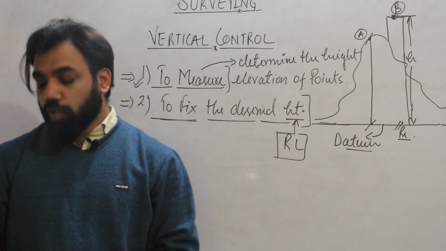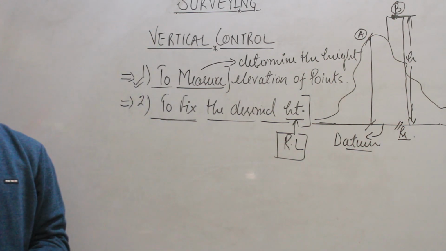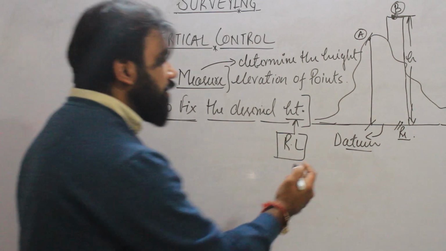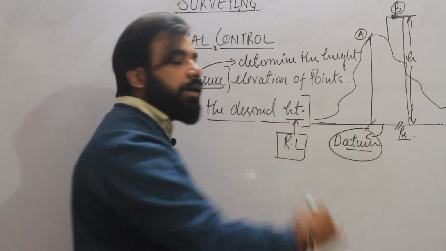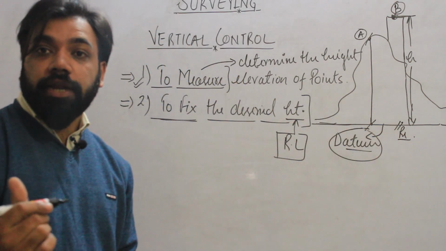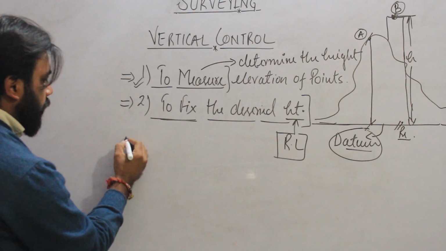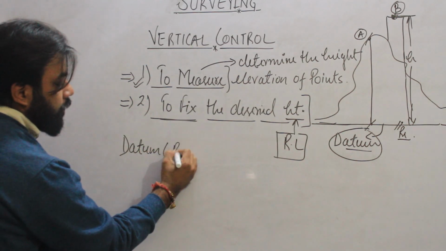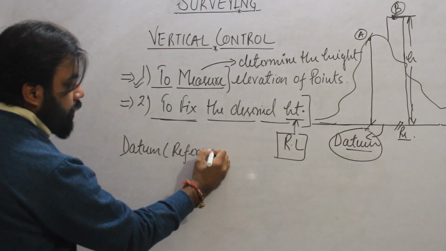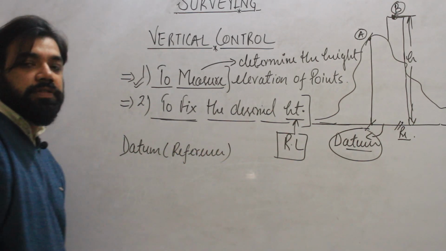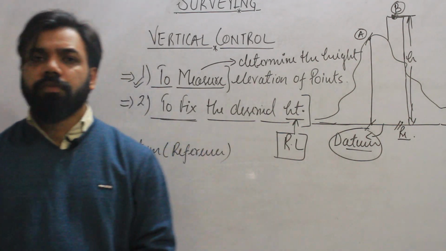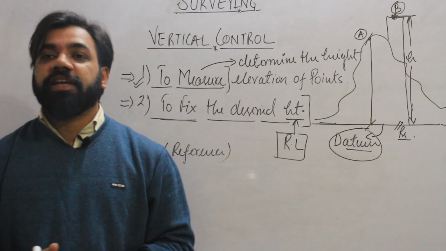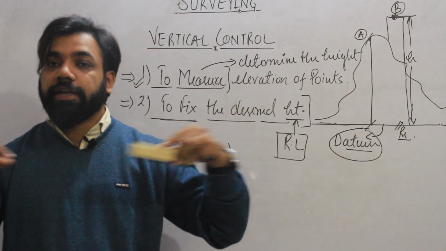Okay, so next we can see what is datum and what is reference. Here I have mentioned a word datum, so we have to understand it. What is datum? Datum or reference. In civil engineering the reference point is named as datum line.